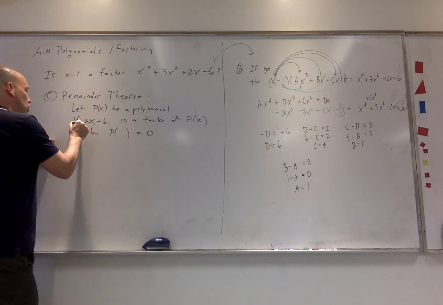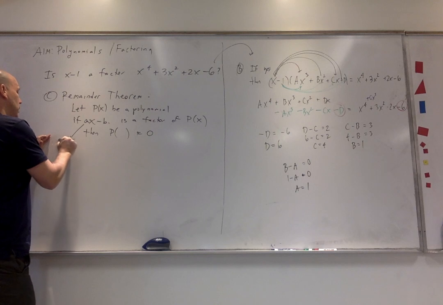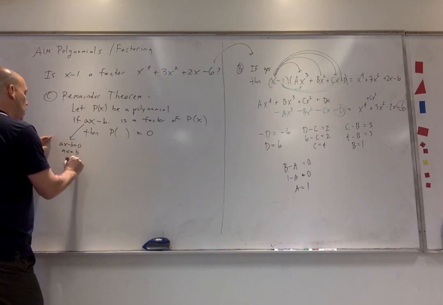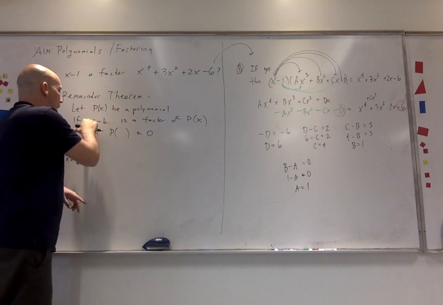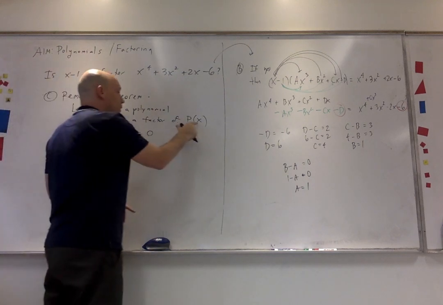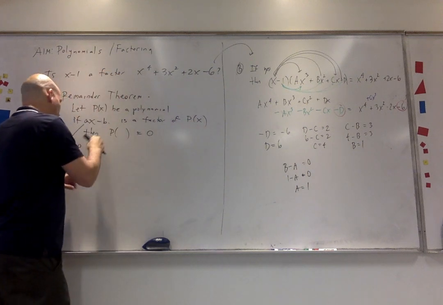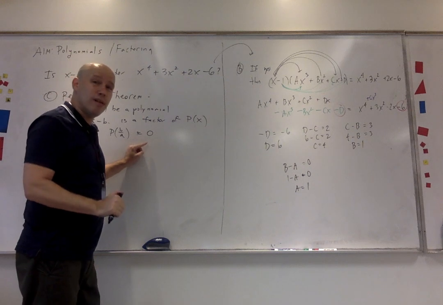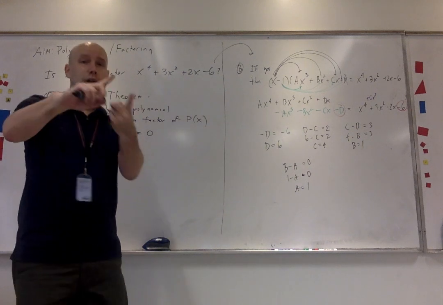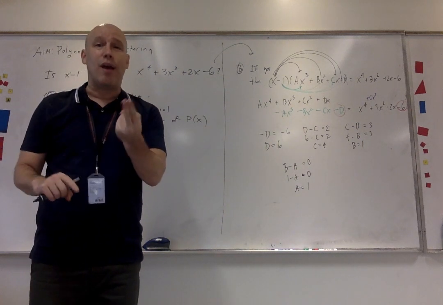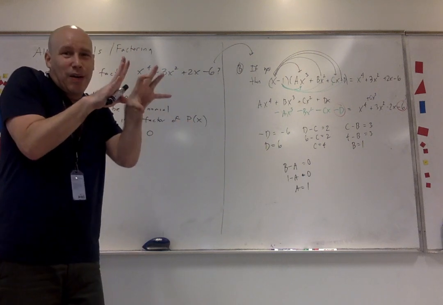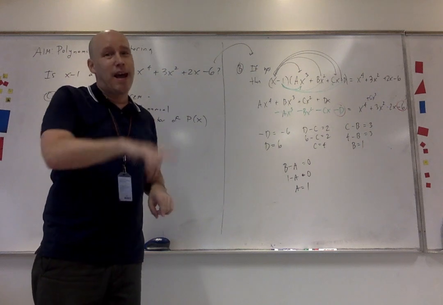So first set that equal to 0, solve for x, and once again, if ax minus b is a factor of this polynomial, then p of b over a should equal 0. If it doesn't equal 0, it's not a factor, and it gives you the remainder. It doesn't give you the polynomial that we almost got. That's going to be the next method.